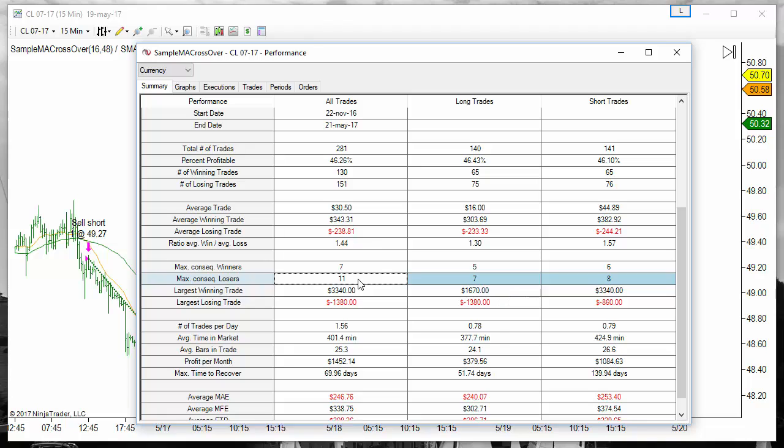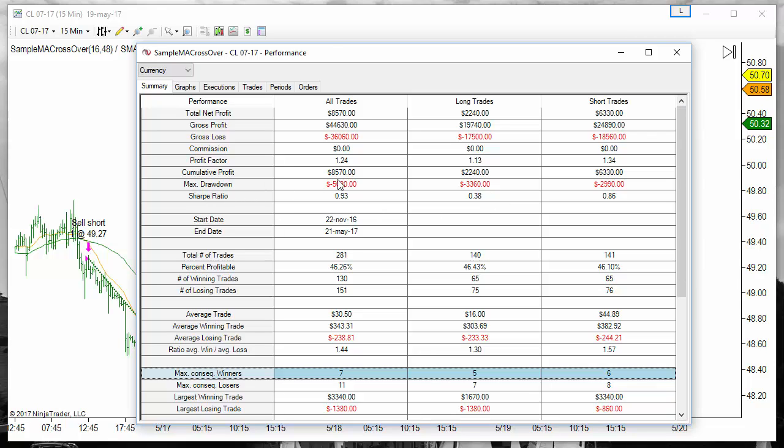All these values, like the maximum consecutive winners and maximum consecutive losers, are useful for our daily trading, because when we are outside of those values, it means that the statistics are not following the previous results.